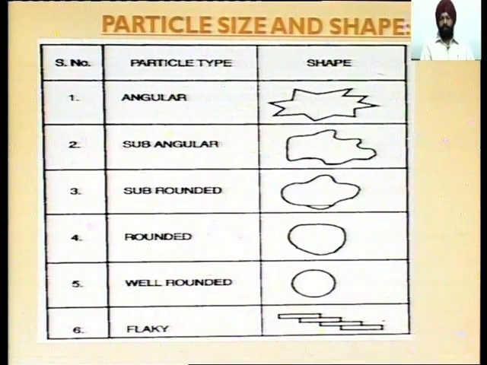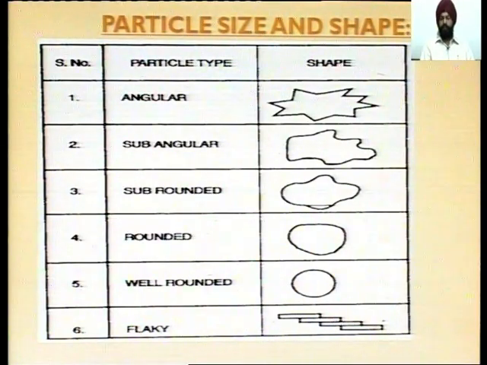So, the shape of the particles that is shown in this table as number 1 is angular shape. These are the shapes of the particles.